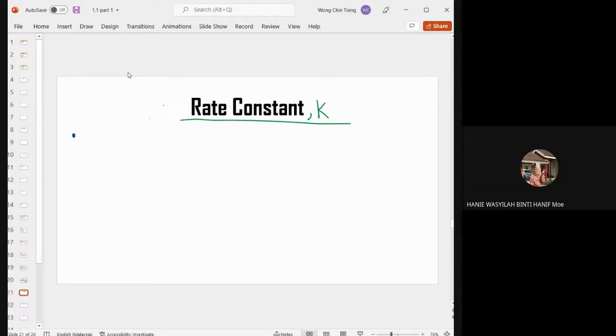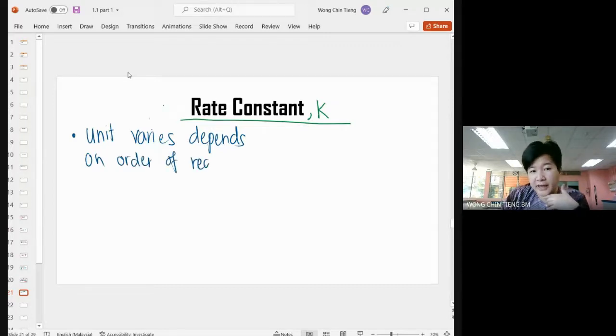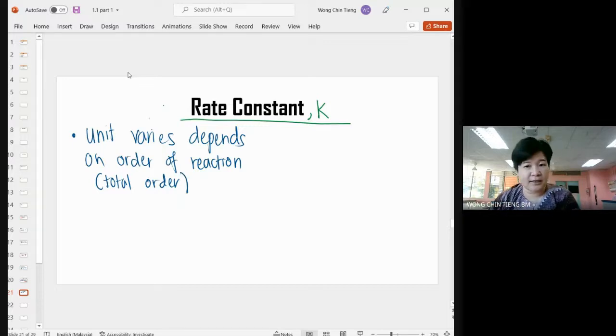Dia punya unit ada varies. Depends on X and Y. Unit will be various. Depends on the order of reaction. Reaction ya, bermakna dia akan depends pada total order. Okay, tengok beza ya. Bukan X plus 1, Hani cakap tadi betul, tapi bukan based on X and Y, based on both of that, total of that.